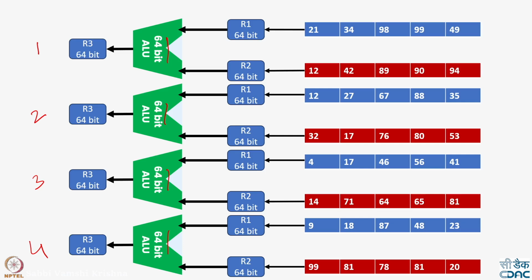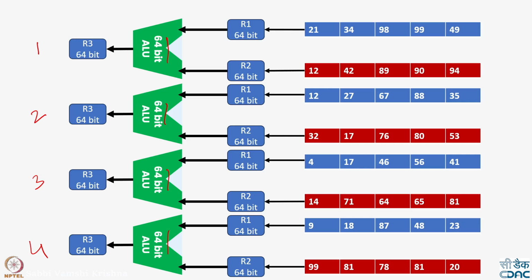In another way, if I look into it, it gives some kind of flexibility. Suppose I have this kind of architecture implemented in my computing device. I have 4 execution units and I have the freedom to use any of them.